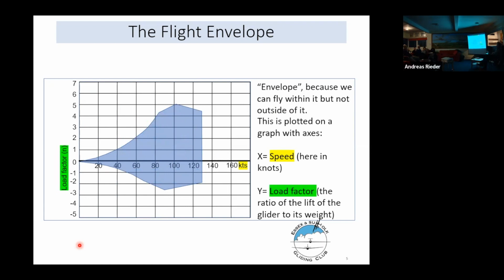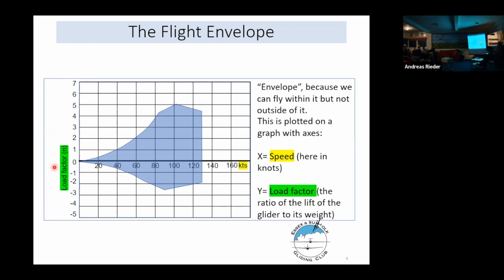It's plotted on a graph with two axes. The horizontal axis is easy to understand, that's in knots, nautical miles an hour. The vertical axis is the load factor, which goes from 0 to 7 positive in this case, and 0 to 5 negative.